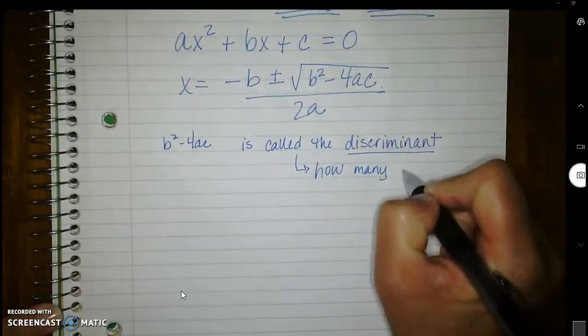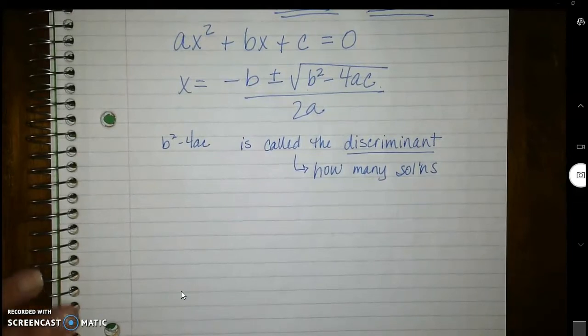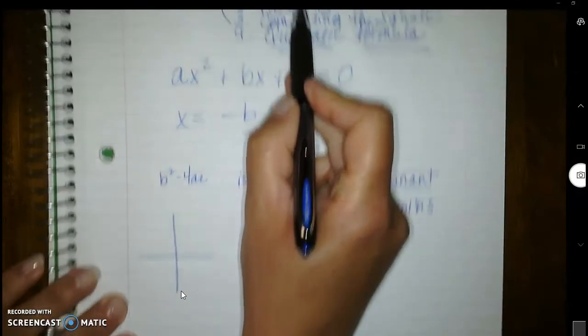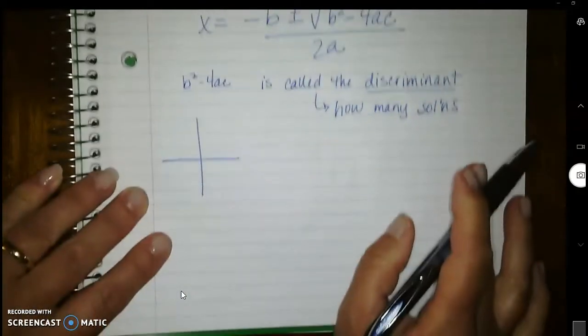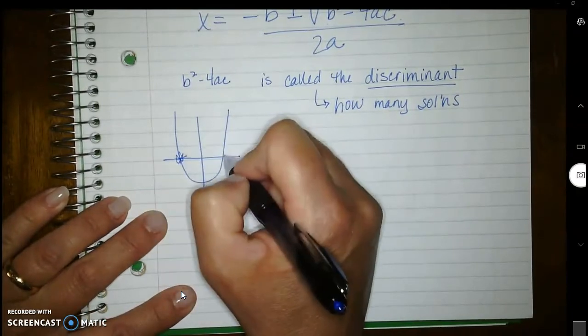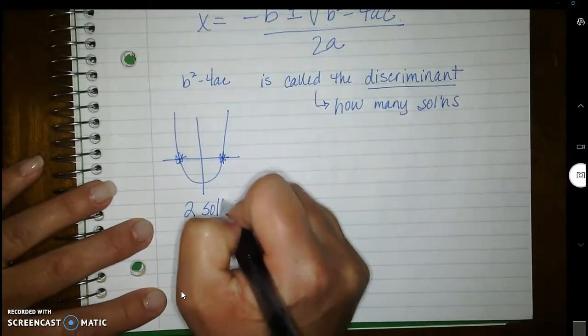Okay, so let's review really quick, when we were graphing on Desmos, if your quadratic equation crosses the x-axis twice, then it has 2 solutions.